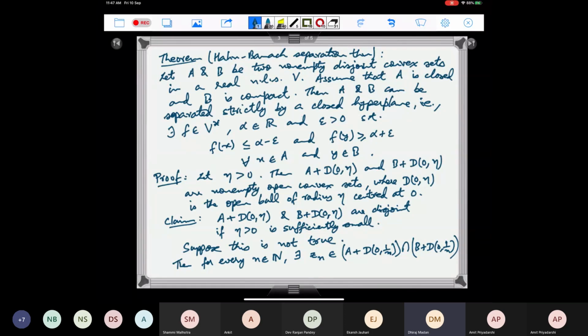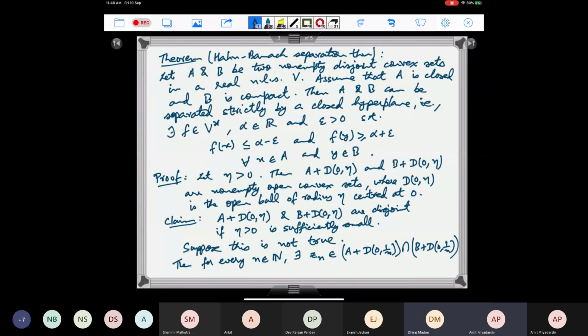For every y in A complement, I can choose a radius eta y such that the ball D y eta y is a subset of A complement itself. Now since B is also a subset of A complement, these open balls cover B, and since B is compact, I can choose a finite subcover. Suppose I choose n such balls, then I can take eta to be the minimum of eta 1 up to eta n.